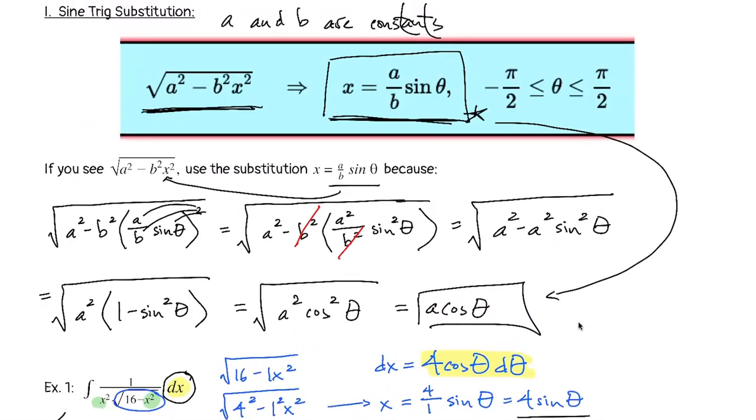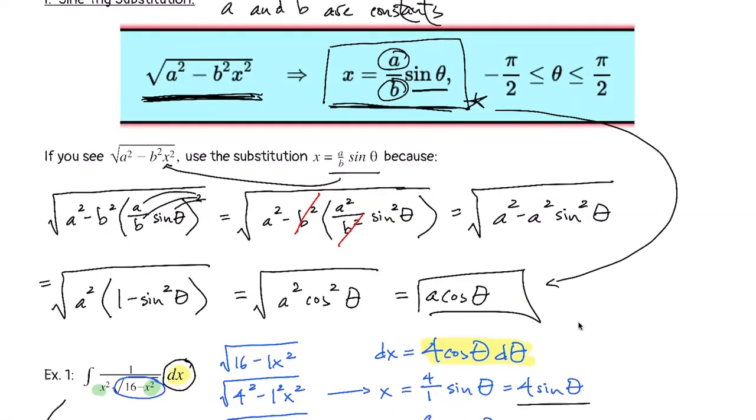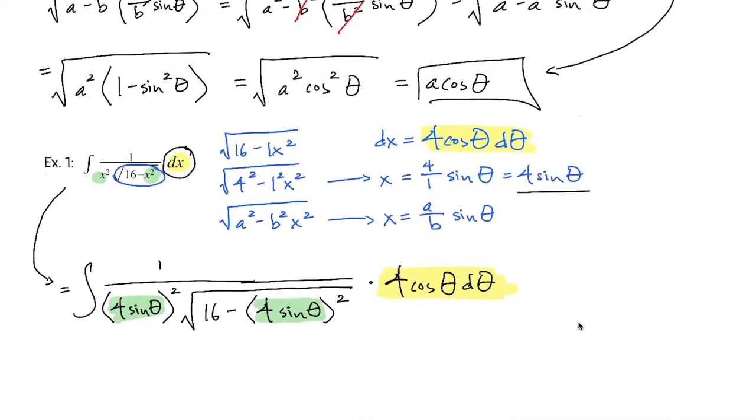So our job is more about matching the right form. I noticed that the problem had 16 minus x squared, which looks like a squared minus b squared x squared. So the substitution I want to make is I take my a, I put it over the b, and then I write the sine theta. Oh, okay. Perfect. Thank you. You're welcome.